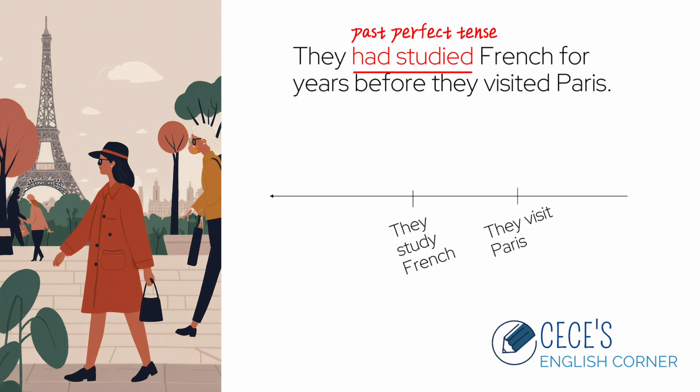Notice that the second part of the sentence, visiting Paris, uses the past simple tense, so that's a clue that this event happened later on the timeline. Another clue that tells us the order of events is the word before. They had studied French before they visited Paris, so they studied French first, and then they visited Paris.